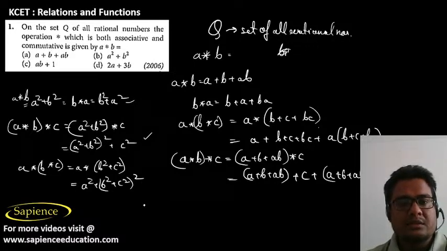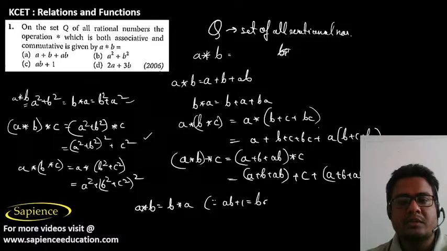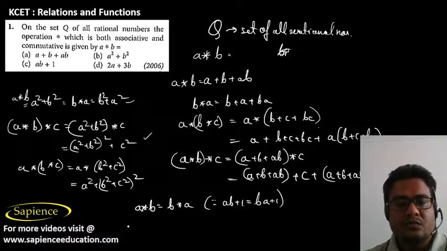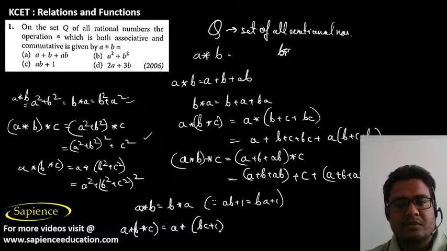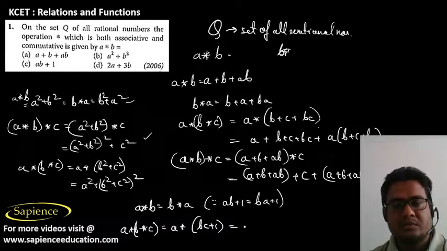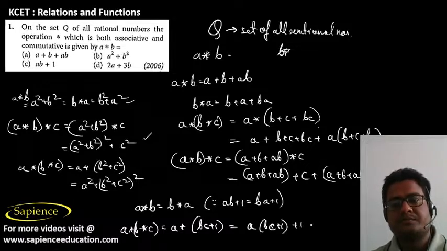And in the third option, A star B will be the same as B star A, since AB plus 1 will also be the same as BA plus 1. And we have to check if it is associative or not. A star (B star C), which is A star (BC plus 1), that will be A into (BC plus 1) plus 1.